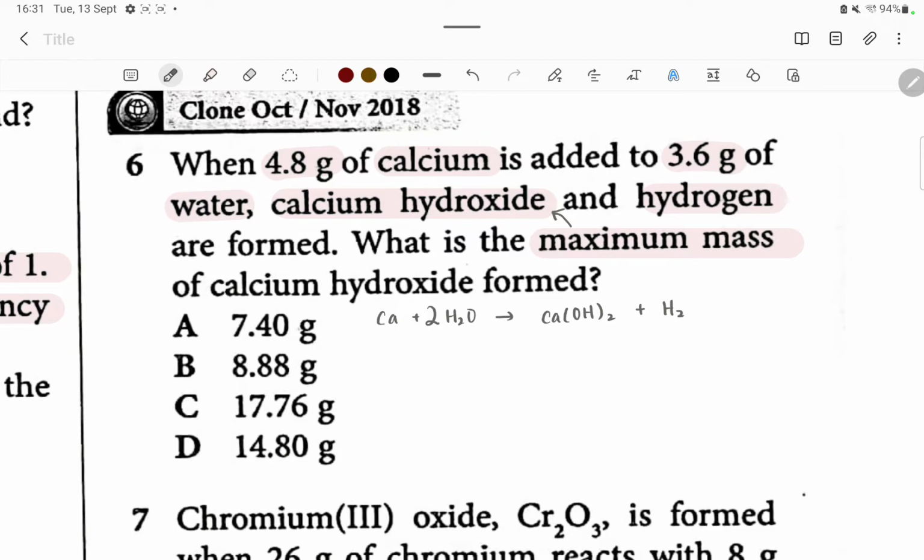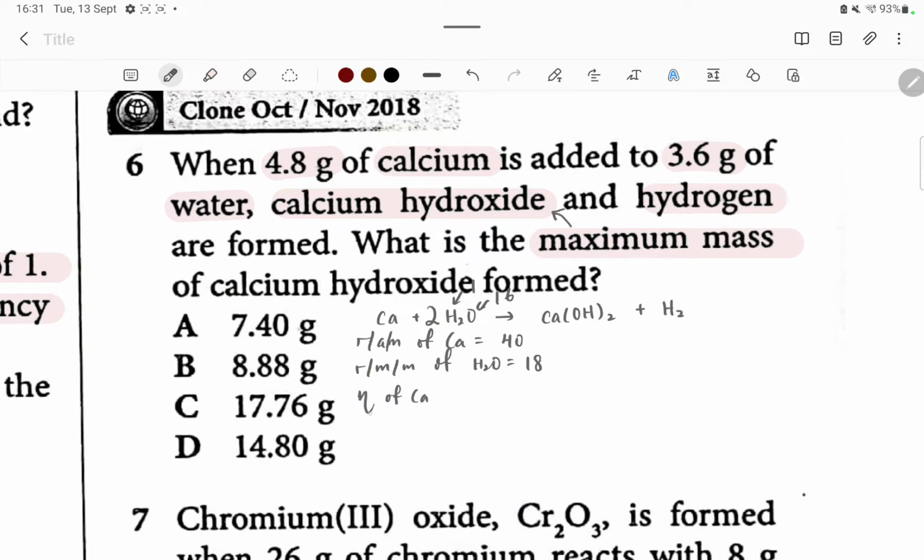Okay, relative atomic mass of calcium is actually 40. Relative molecular mass of water is actually 18, because 1 and then this one is 16. Okay, number of moles of calcium.